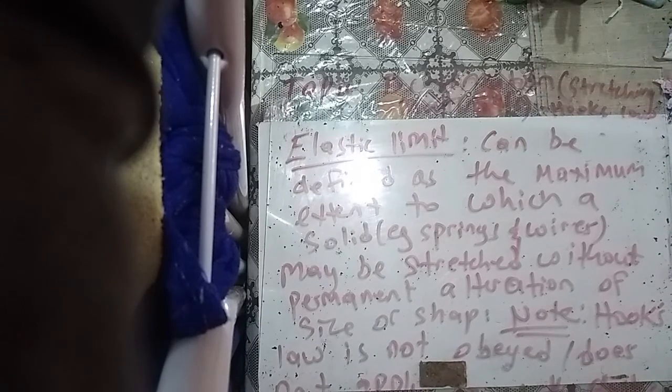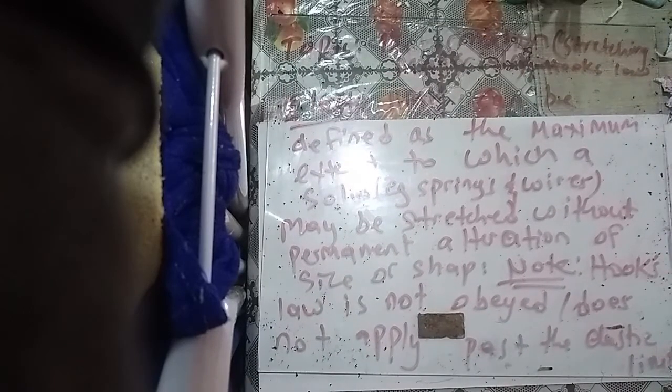So that's elastic limit defined for you. Note also, Hooke's law does not apply past the elastic limit. If you stretch a spring past the elastic limit, when it can't regain its shape, when its shape gets permanently altered, Hooke's law does not apply to it again. You must appreciate that.